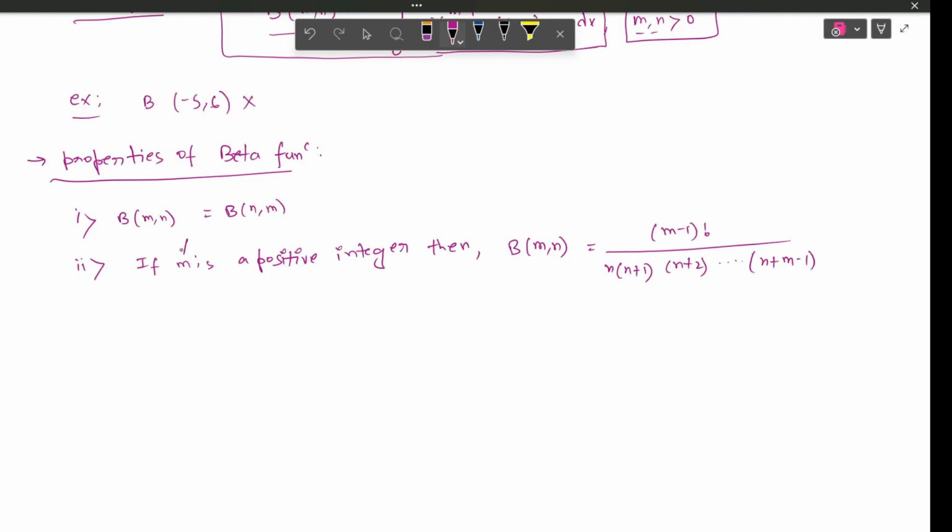So remember, if m is a positive integer, then you can write beta of m comma n in this format.